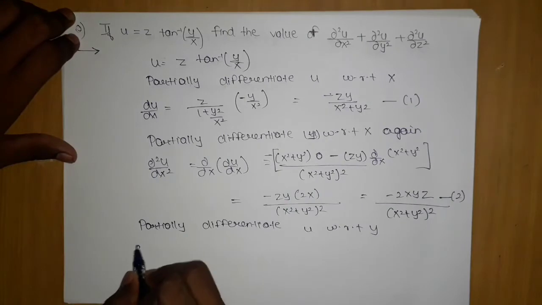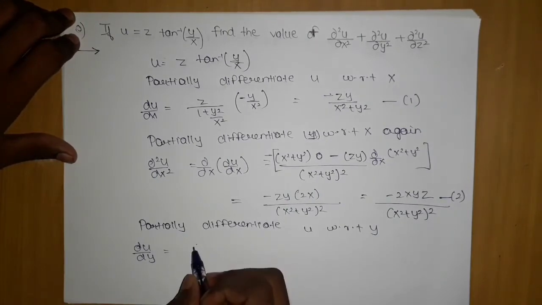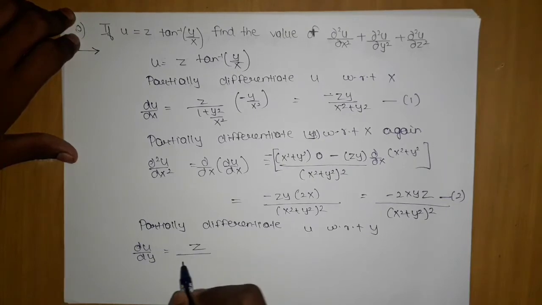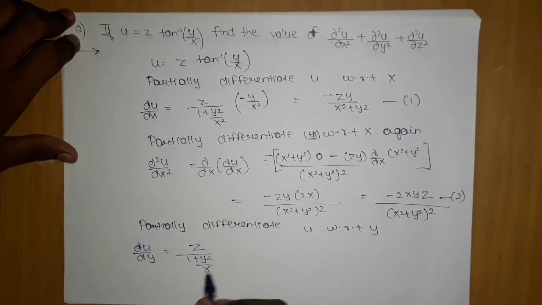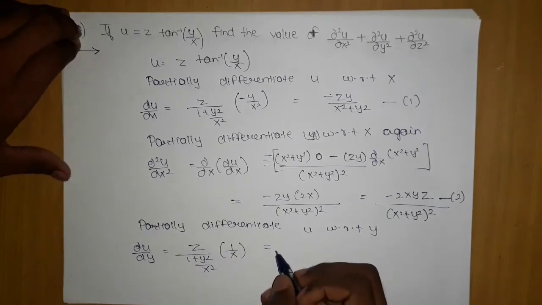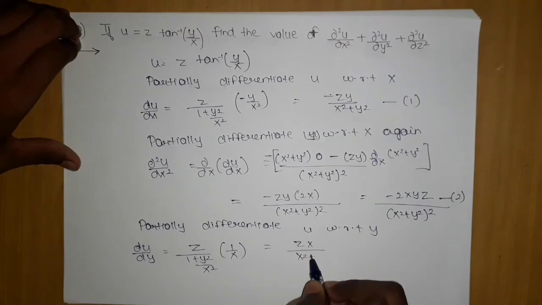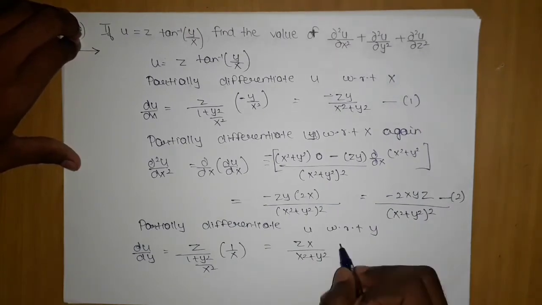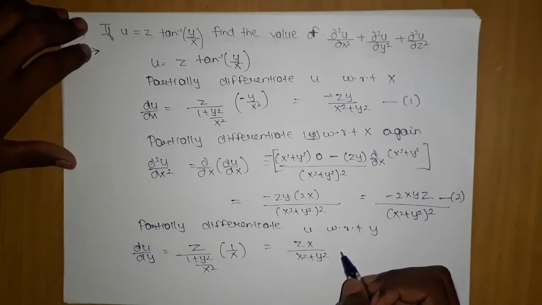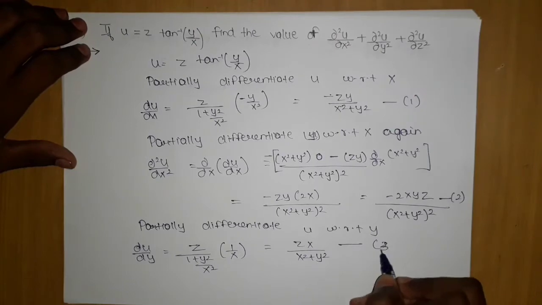What we are going to get is dou u by dou y, which will be nothing but, if I differentiate it, z by 1 plus y square by x square. This will be 1 by x, which will give me, if it moves up, zx by x square plus y square. So we are getting this, which will be my 3.